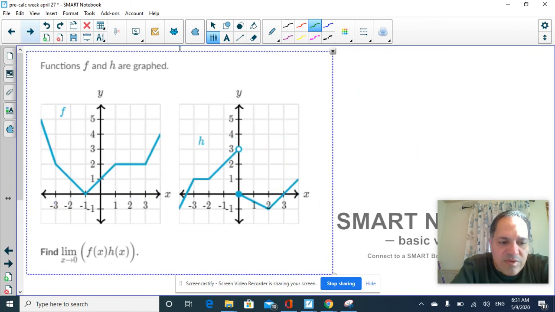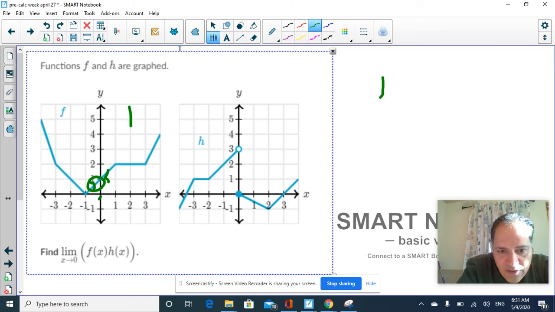Let's try one more question about multiplication. Again, f of x as x approaches 0: the value of the function here is 1, so the limit equals 1.